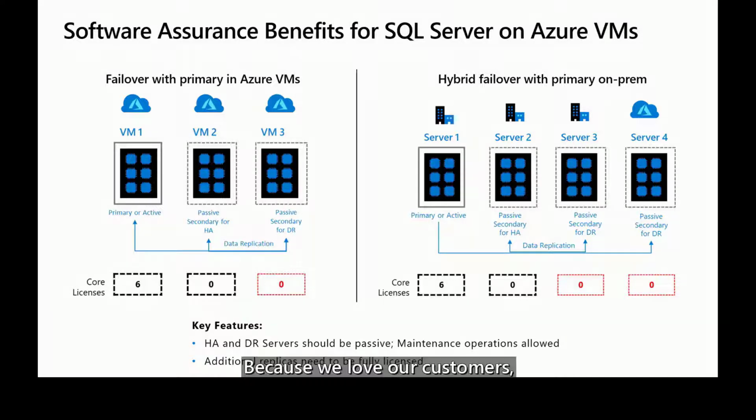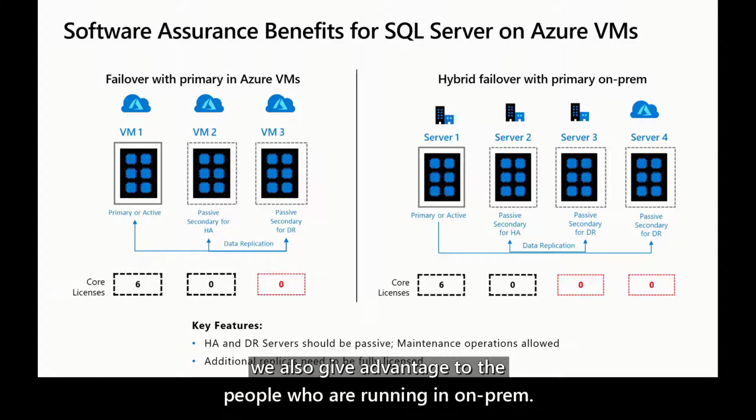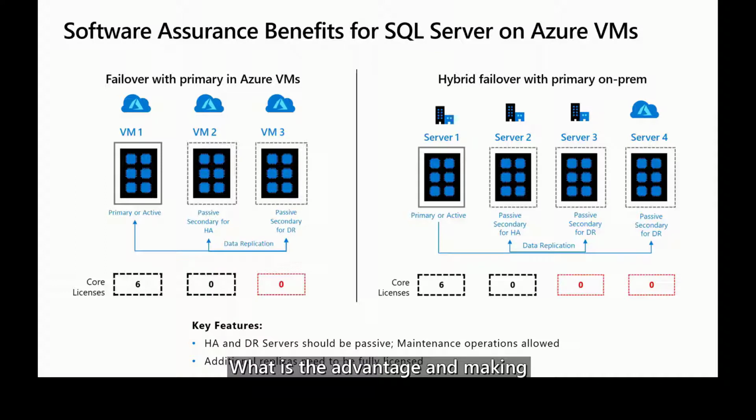Because we love our customers, we also give an advantage to the people who are running on-prem. What is the advantage? We are making your journey towards the cloud easier. How?